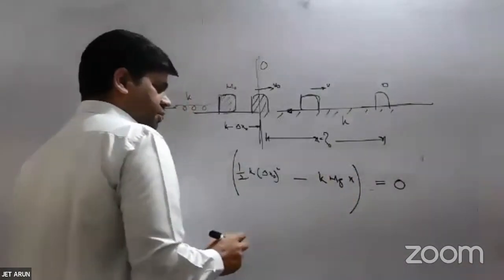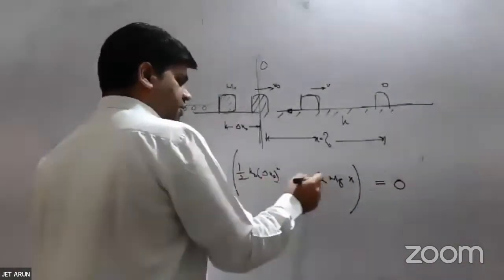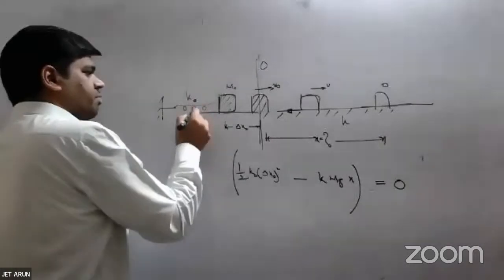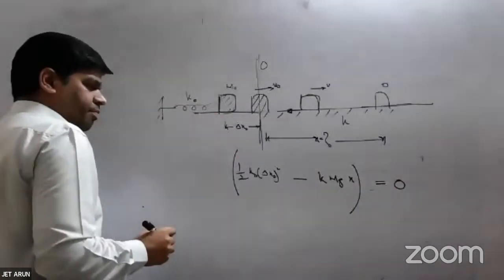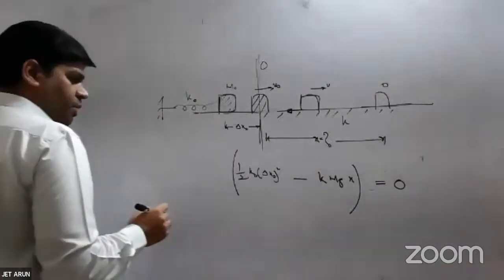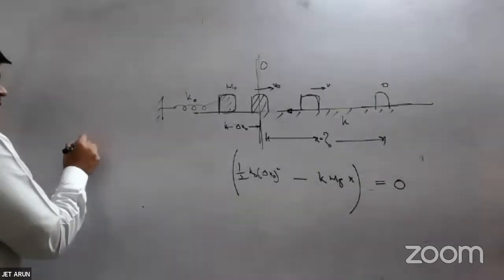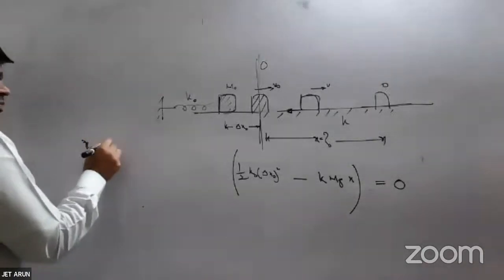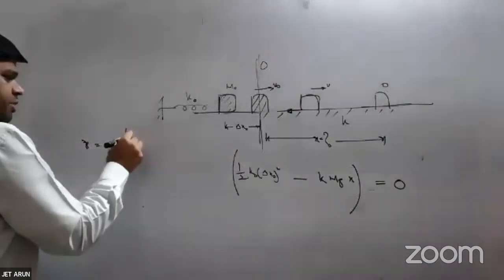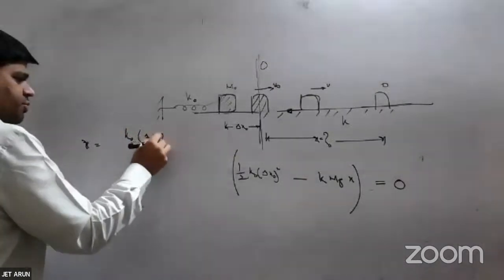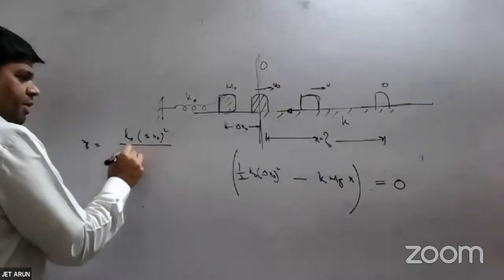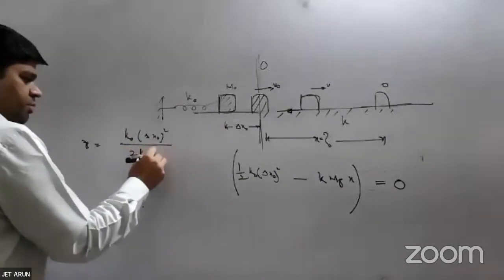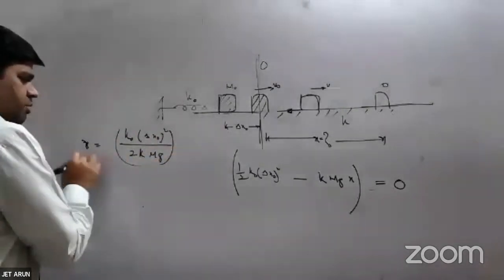Required is x, so I'll have x is equal to k delta x naught square by 2 mu mg.